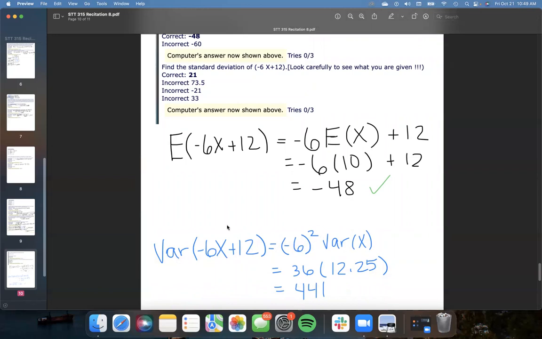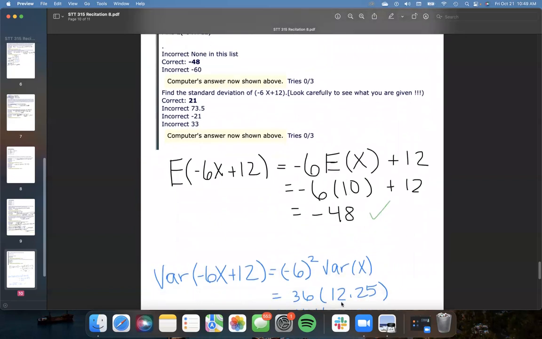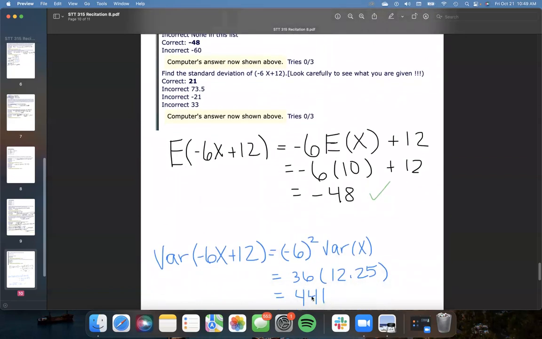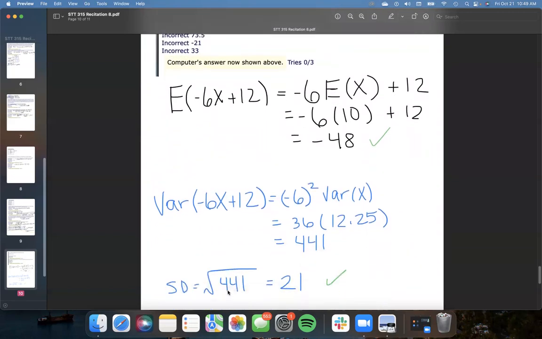And then the variance of a constant is 0. So we get negative 6 squared times the variance of x. So then that equals a positive 36 times, and we're given the variance of x is 12.25. So that's 36 times 12.25, which equals 441. But we're not done yet, because we need to find the standard deviation. So we'll take the square root of 441, and that equals 21.